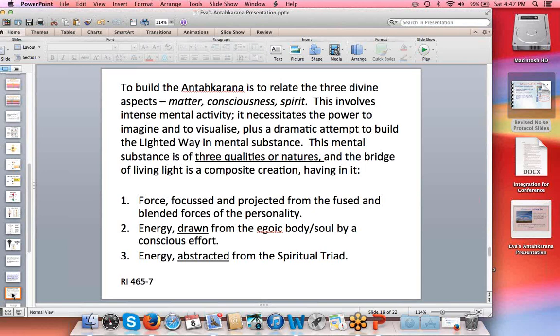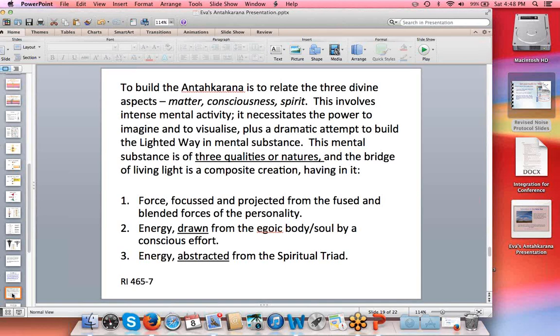One of the ways that we build the Antahkarana is constantly through imagining it. We imagine this pathway moving from our consciousness to the next point, whatever that is, whether it's the soul or the lowest point of the spiritual triad. And we build it out of light.